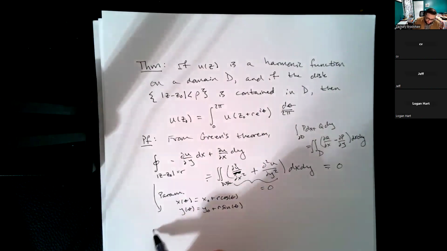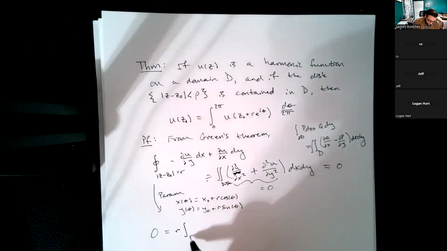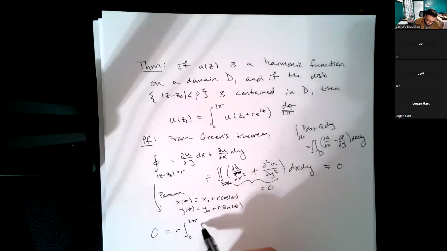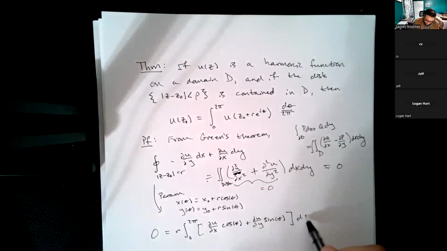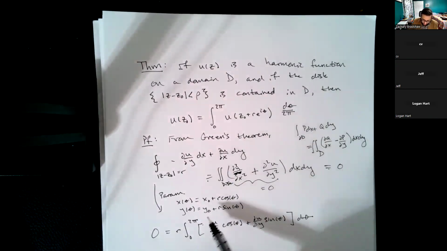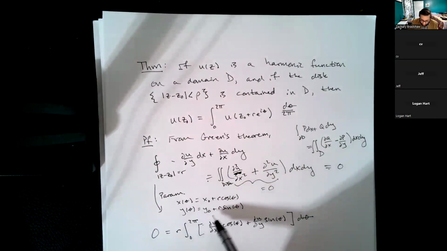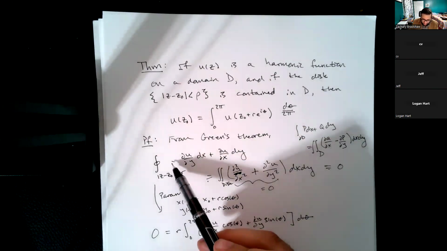Then this tells us that 0 is equal to, and we can rewrite this integral as r times the integral from 0 to 2 pi of du/dx cosine theta plus du/dy sine theta d theta. So let me unpack that. This dy becomes r cosine theta, and this dx becomes minus r sine theta. And we have a minus sign here, so they cancel.